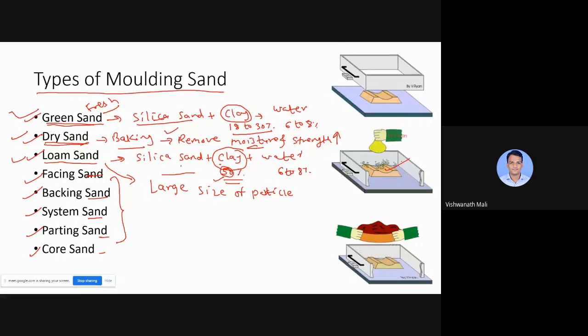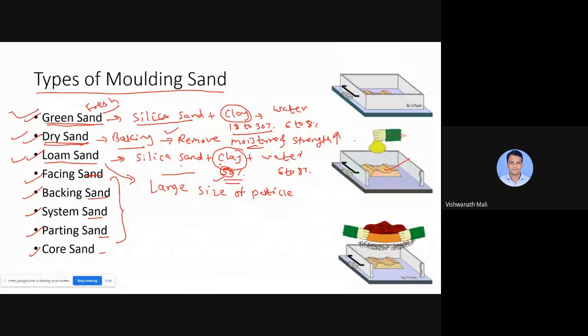Here you can see the pattern, right? Near the surface of the pattern, what do we do? We pour the fresh sand. Instead of pouring whole fresh sand into the flask, I will give an example.